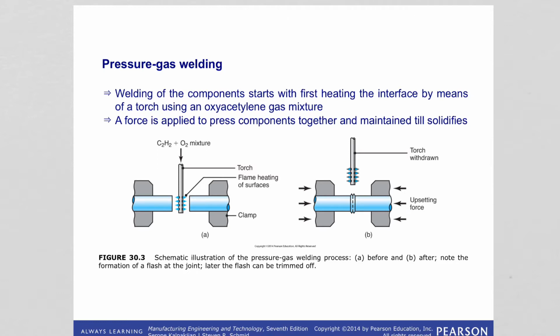It can be actually a form of solid state welding, where the gas flame basically softens the metal, and basically two parts coalesce by pressure, as you see, and then there is this flash forming, you can see right there, and then this can be trimmed off later.